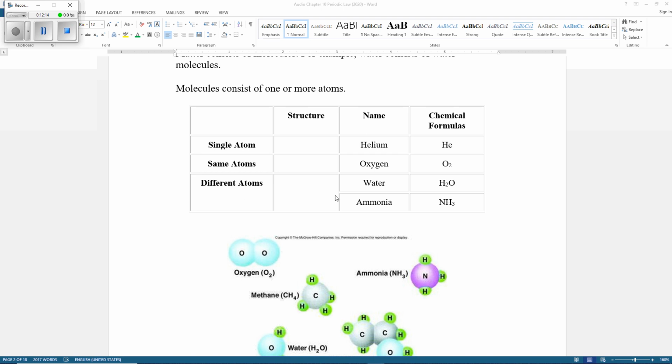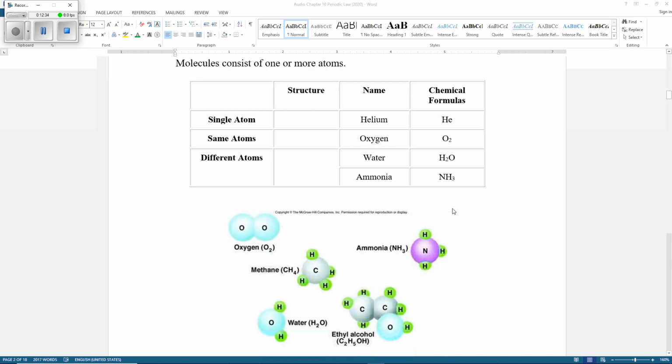Now we call them by a different name, like water. We don't call it hydrogen or oxygen, because we have more than one, so we use a different name. Ammonia is one nitrogen combined with three hydrogen.